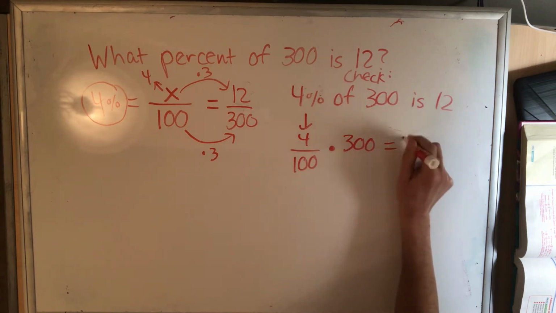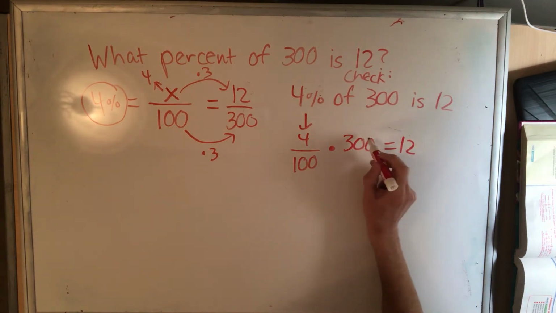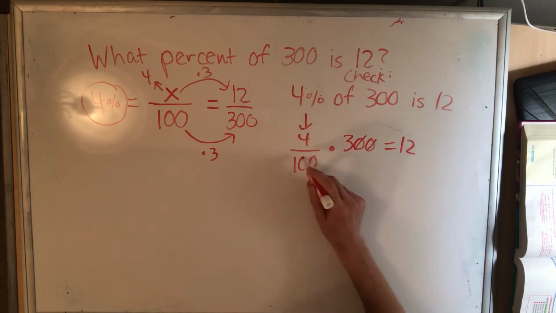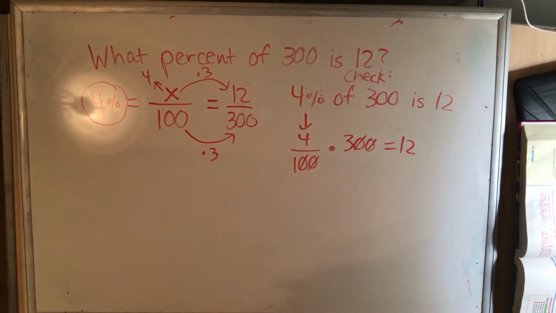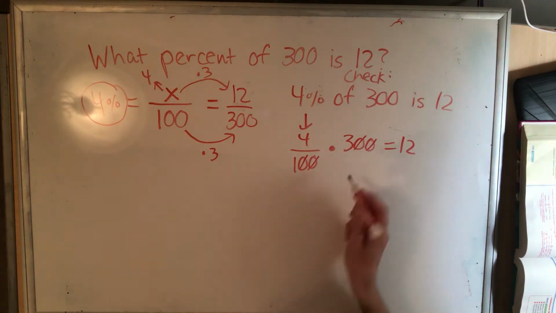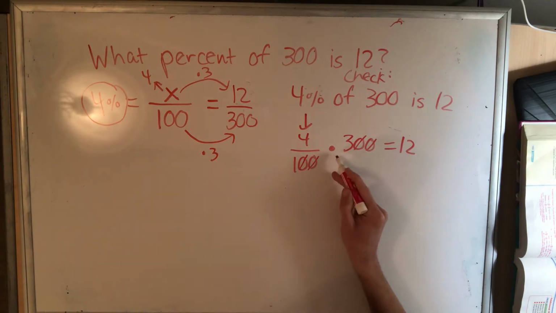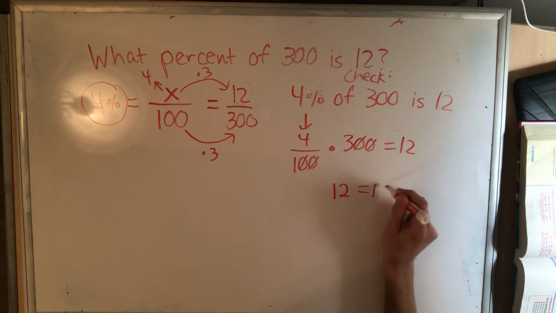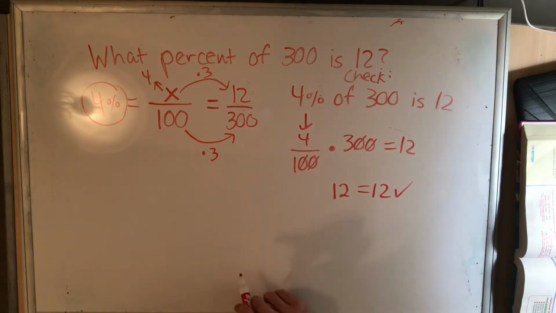Is means equals. Now we can cancel out 2 zeros on top with 2 zeros on the bottom, since we're multiplying. 4 times 3 is 12. 12 divided by 1 is 12. So we get 12 equals 12, which of course is true. Therefore, 4% must be the correct answer. 4% of 300 really is 12.